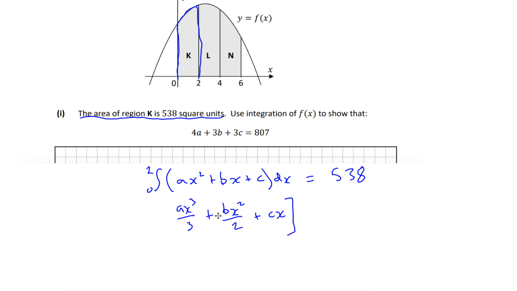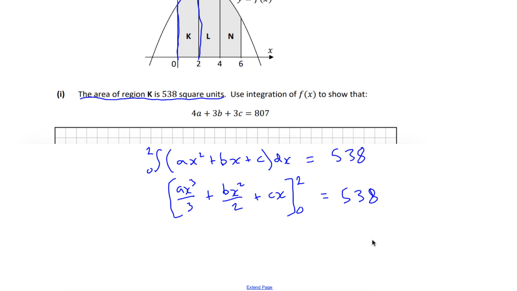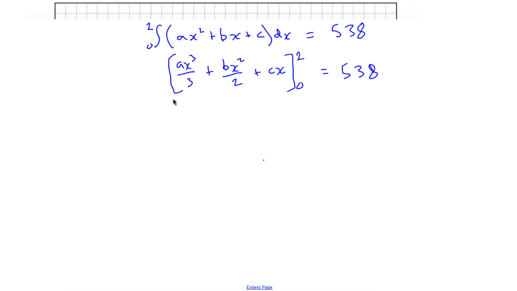And remember, it's between 0 and 2. That's going to be equal to 538.